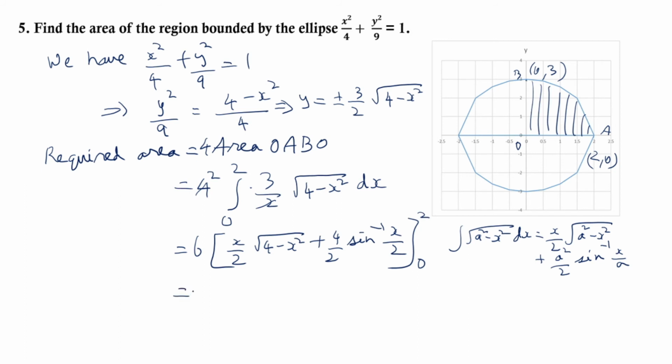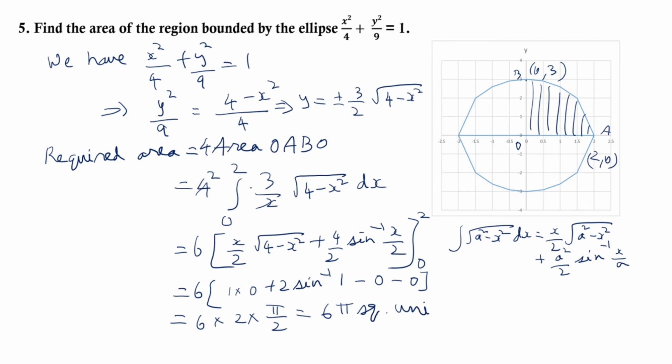So this is equal to 6 into 2 by 2, which is 1, into root of 4 minus 4, which is 0, plus 2 into sine inverse of 1, minus 0 by 2 which is 0, minus sine inverse of 0 which is 0. So this is equal to 6 into 2 into sine inverse of 1, which is pi by 2. This is equal to 6 pi square units.